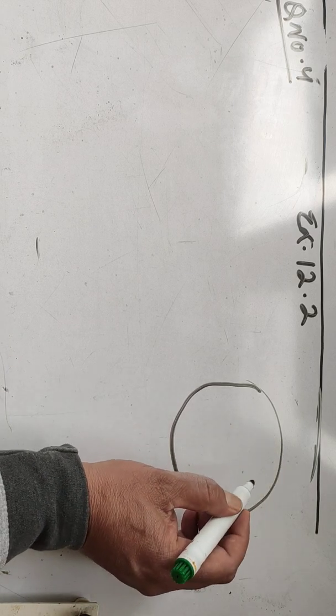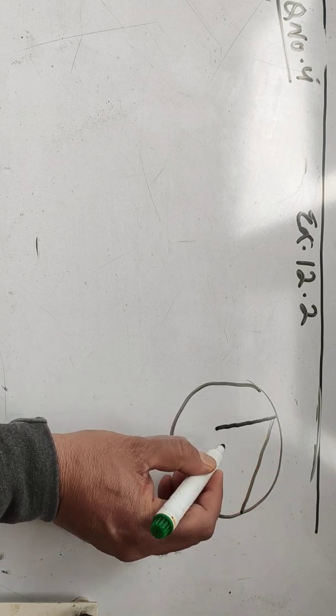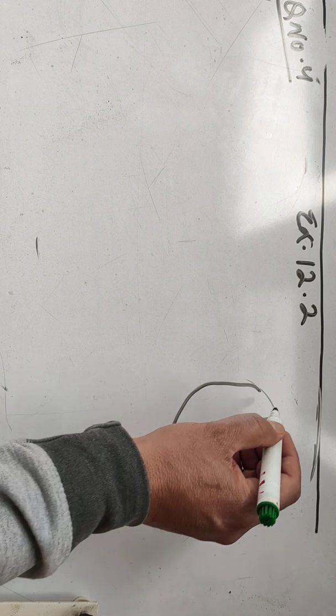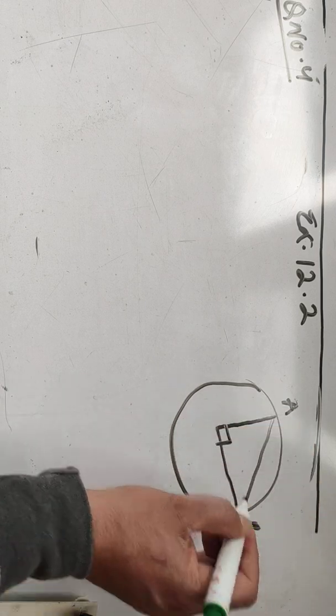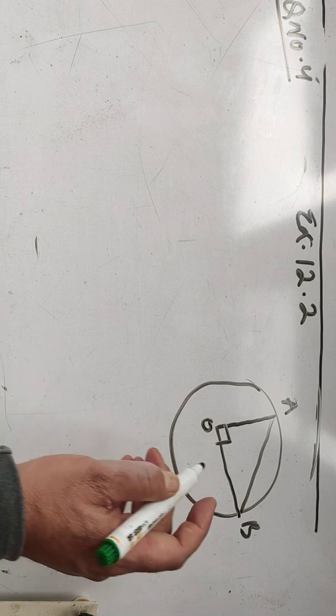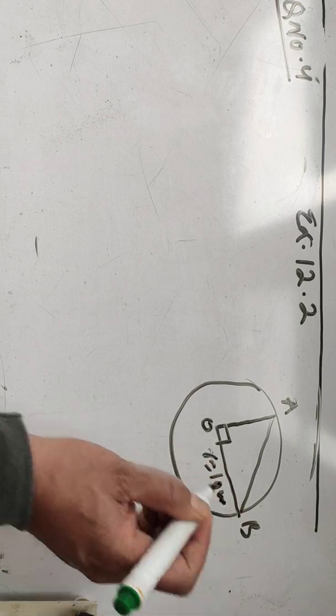See here, suppose this is the chord and it subtends angle 90 degree at the center. Suppose this is the angle. AB is a chord, AOB is the angle subtended by chord AB at the center. It subtends 90 degree at the center and its radius is 10 centimeter. Radius is 10 centimeter. You can see here.